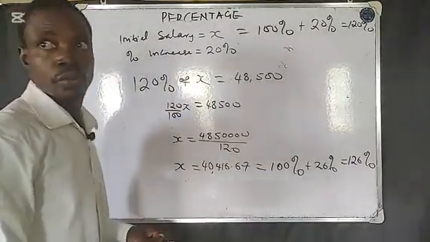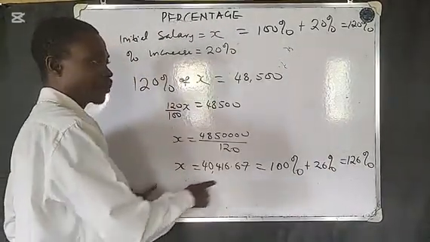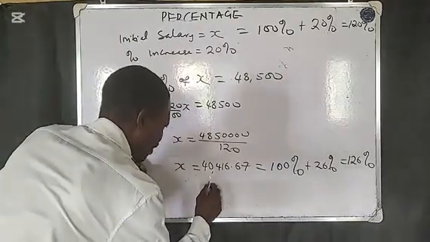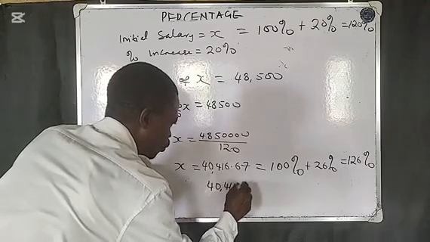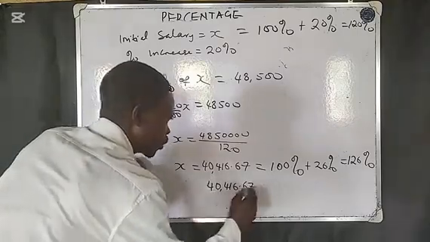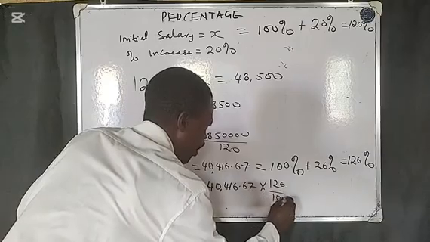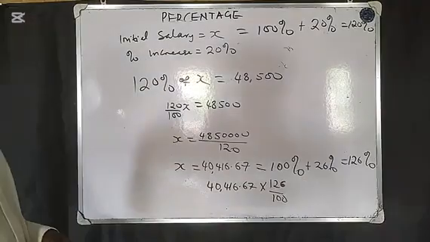So we now do 126% times this one. That means we are increasing it by 26%. If you do that, you will get the salary if it had been increased by 26%. We do times 126 over 100.